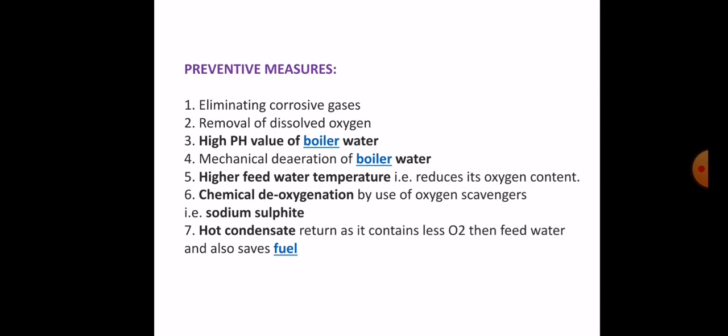Chemical deoxygenation by use of oxygen scavengers like sodium sulfite. Hot condensate is retained as it contains less oxygen than feed water and also saves fuel. So these are the preventive measures to reduce or remove corrosion.